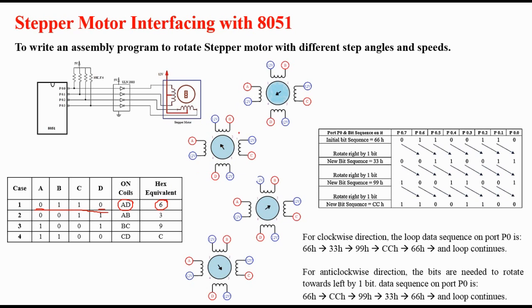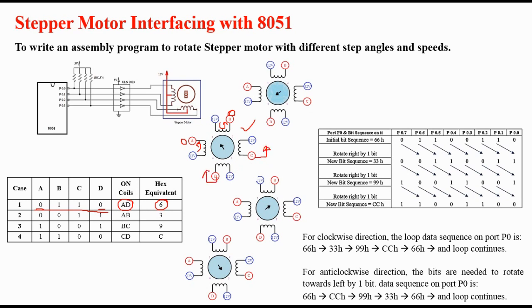In this way, now let us suppose we want to move our shaft in the next direction. Our next direction is this one. Previously the shaft was at 4, now the shaft should move in a clockwise direction to position 1. For that purpose, coil A and coil B should remain active. So the other end of coil A should be 0 and the other end of coil B should be 0, whereas C and D should remain high.